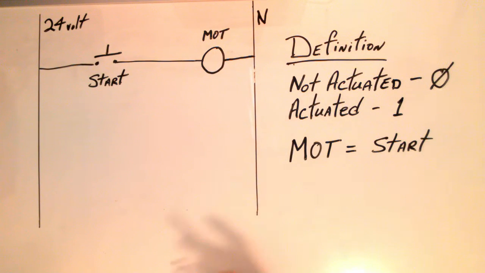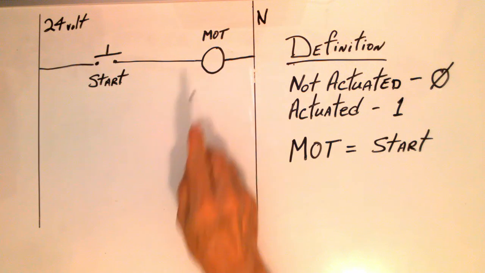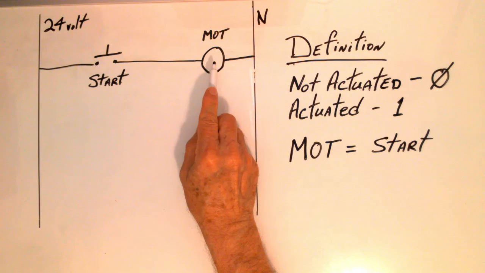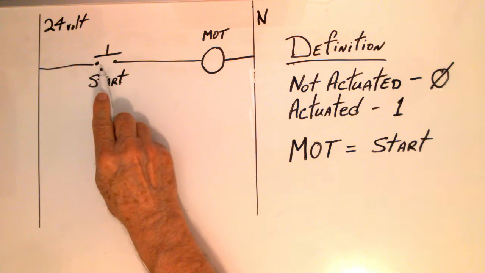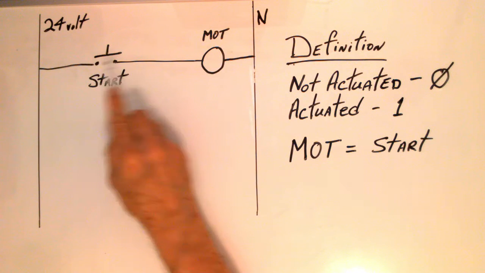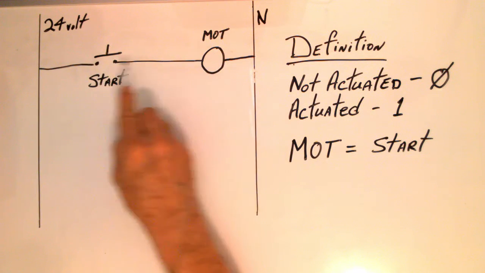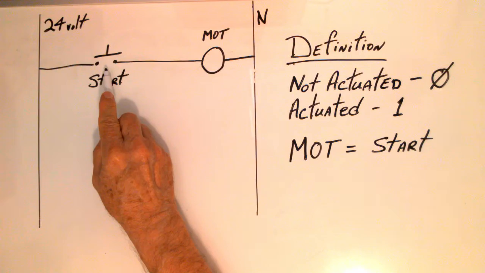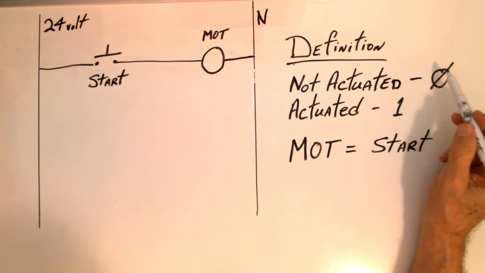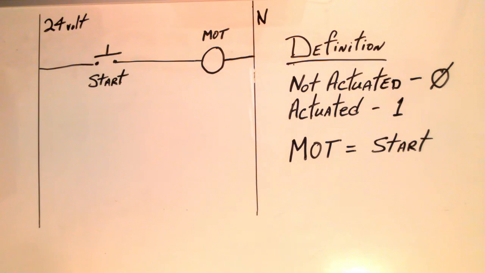So, very simply, keeping it simple, this will be a 1 whenever this is a 1. This will be a 0 whenever this is a 0. This will be actuated whenever this is actuated. This will not be actuated if this is not actuated. Mathematically, we like to think of it in terms of 1 and 0.